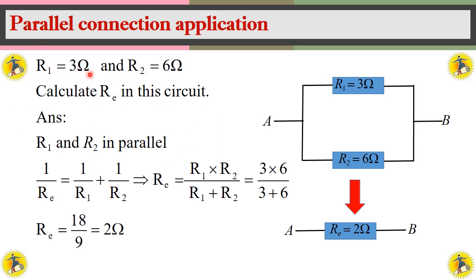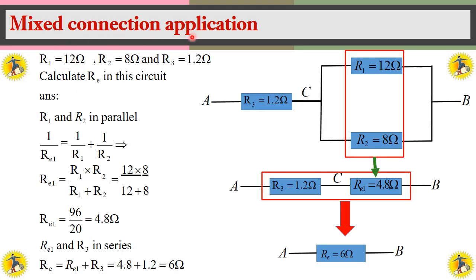Example: R1 equals 3 and R2 equals 6, connected in parallel, so we can calculate the R equivalent with the formula R1 times R2 over R1 plus R2 equals 3 times 6, 18, and 3 plus 6 equals 9, so 18 over 9 equals 2.